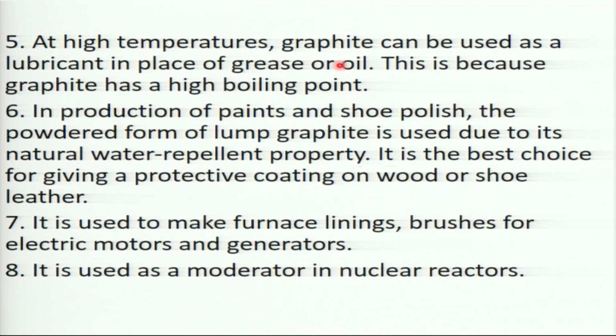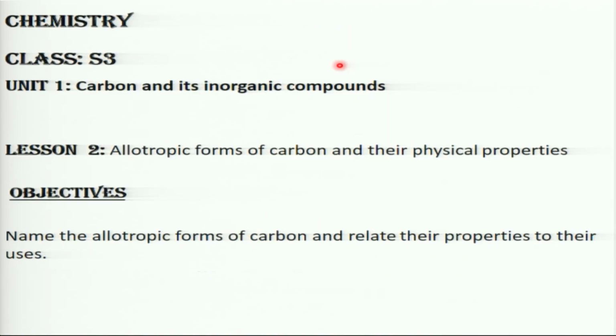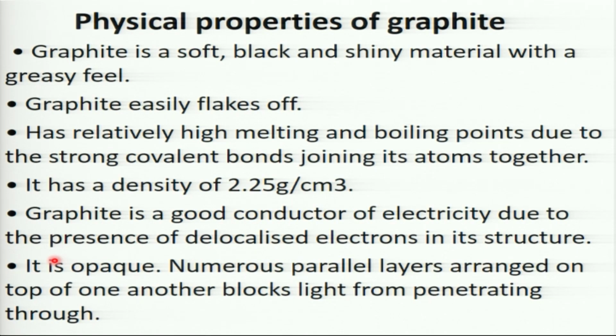We always study under objectives. The objective is here: relate their properties and their uses. That's what we are looking at. We have finished looking at the properties. Now we're going to relate these properties with the uses.